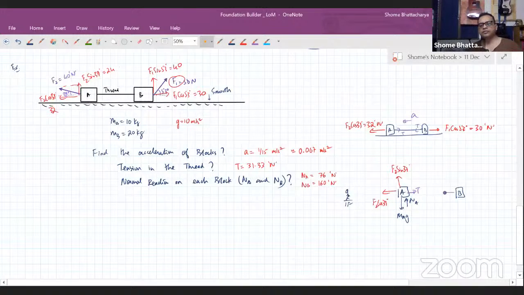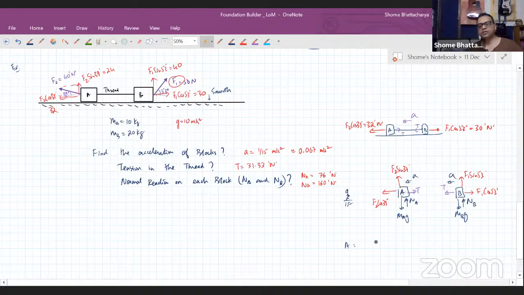B's will have tension, components of F1, weight and normal reaction, and the same acceleration for both of them towards the left.